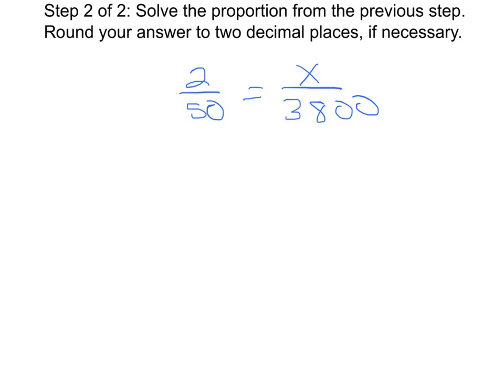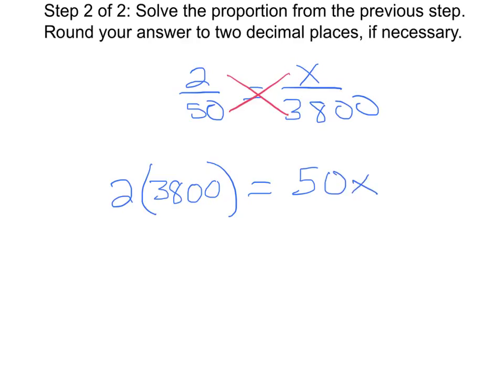And anytime you've got one fraction equal to another fraction, we can cross multiply. So 2 times 3,800 is equal to 50 times x. 2 times 3,800 is 7,600 equals 50x.